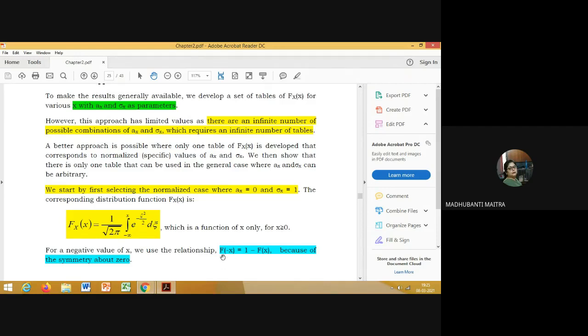That probability can be computed with the help of this relationship, that is, F of minus x will be equal to 1 minus F of x because of the symmetry about 0.